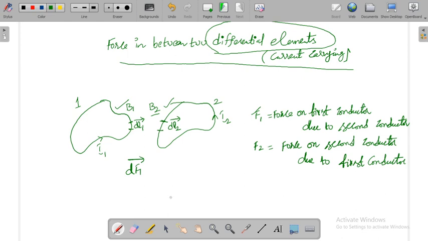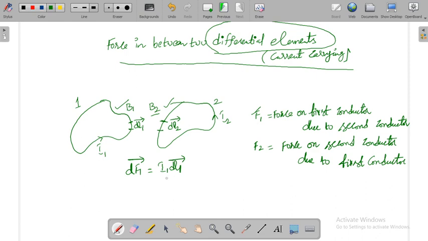What is meant by df1 bar? df1 bar is nothing but the differential force on the first current carrying element due to the magnetic field B2. So first of all, I am writing df1 bar as we derived previously. It is I1 dl1 bar. Is it right?